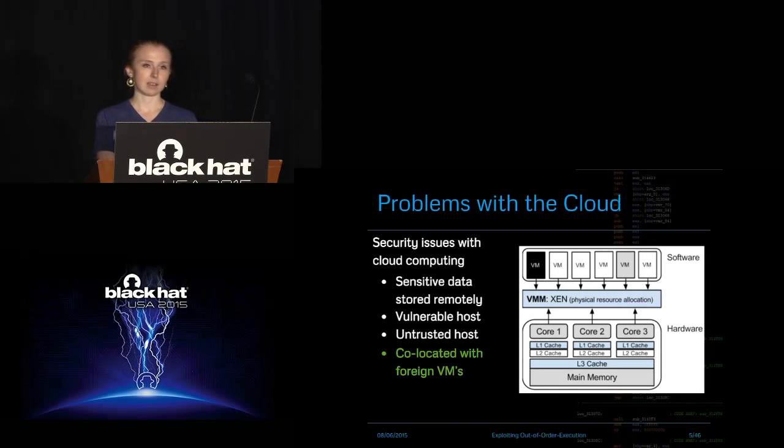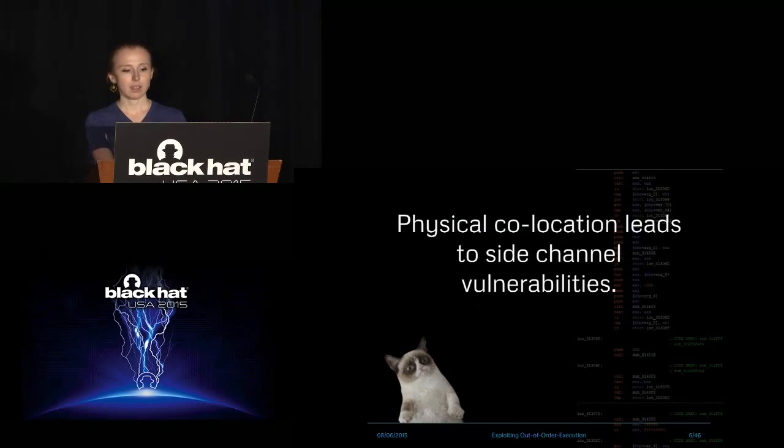But the one I'm focusing on is the fact that you are co-located on the same machine with virtual machines which you don't control, and you really have no idea of what they're doing. And that's kind of this depiction on the right. Obviously, the black VM is the malicious VM in this situation, but they're sharing that hardware, as you can see beneath. So it's this physical co-location which I'm using to create a side channel.